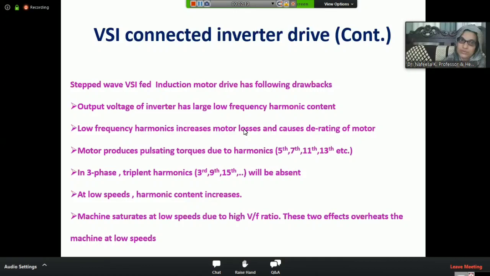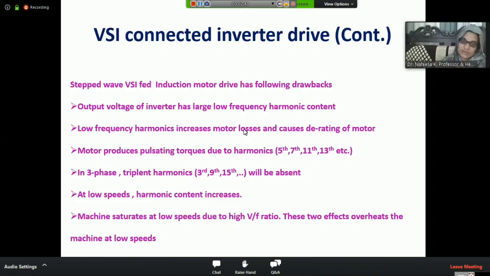So this increases motor losses and reduces the efficiency, and this causes derating of the motor. The motor produces pulsating torque due to these harmonics, and at low speeds the harmonic content increases.